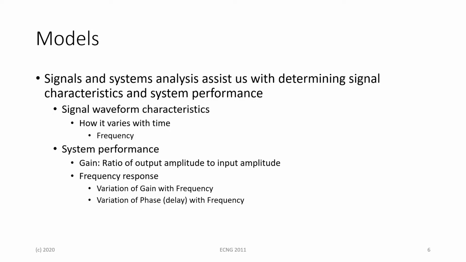What is going to be your roll-off at these frequencies, and so forth. So system performance is also characterized by observing how the system processes the input signals to produce our desired output signals. Another indication of system performance can also be accuracy and precision, which tends to be measured in percentage.